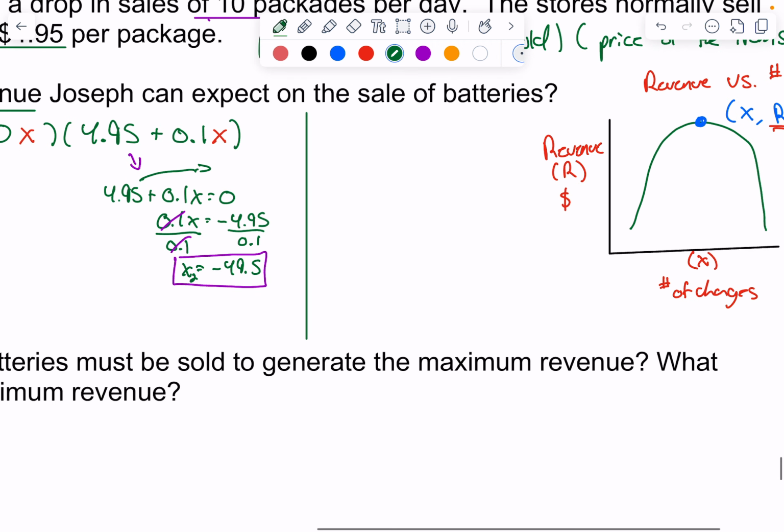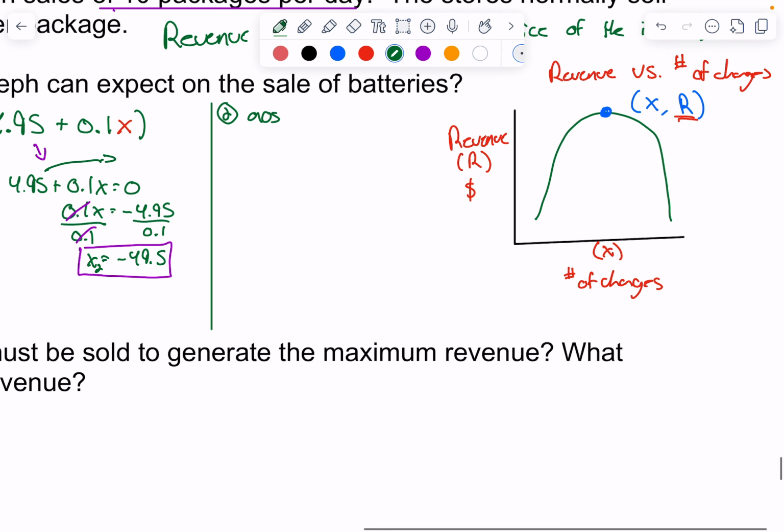Step 2 says use these values, calculate your axis of symmetry. And again, the axis of symmetry is going to represent the number of changes required to give us the max revenue. So in this case, we're going to get x1 plus x2, divide that by 2.